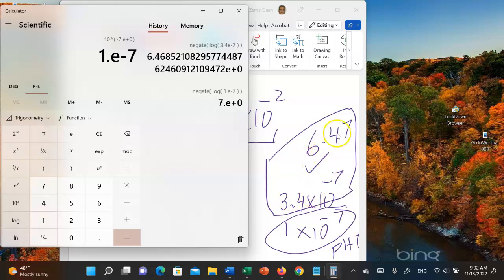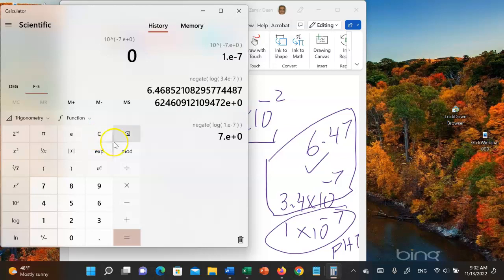Okay. And converting this 6.47 back to the exponential scientific format is just as straightforward. So clear the entry. Okay. And then enter 6.47, change the sign, 10 to x, and there it is, 3.388 times 10 to minus 7.